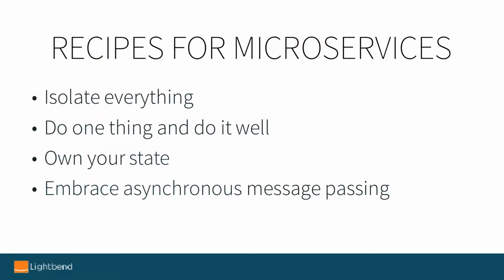And there are a couple of core recipes, if you will, that you can apply. One of them is isolate everything. I'm sure you've heard of bulkheading. Don't let errors spread inside of your application. Use graceful degradation. I normally give Netflix as an example. Their core service is to stream video, right?